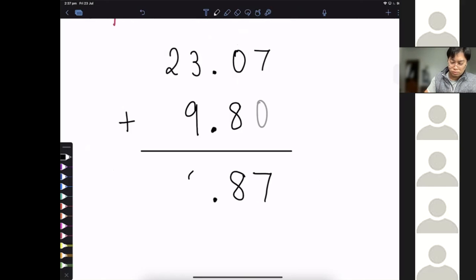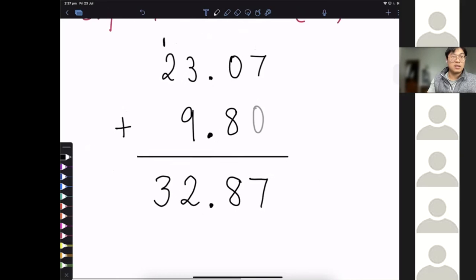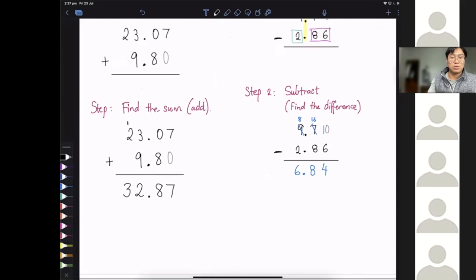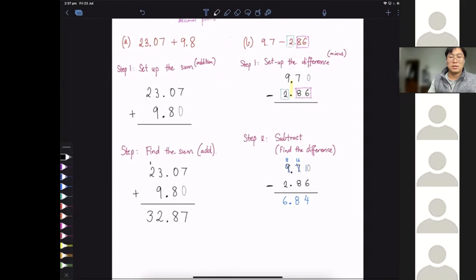We write the 2 and we carry the 1. You can put the 1 at the top here. And then you got 2 plus nothing plus that 1. That equals 3. So our answer is 32.87. Okay.